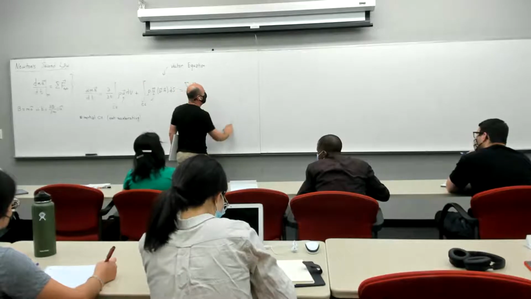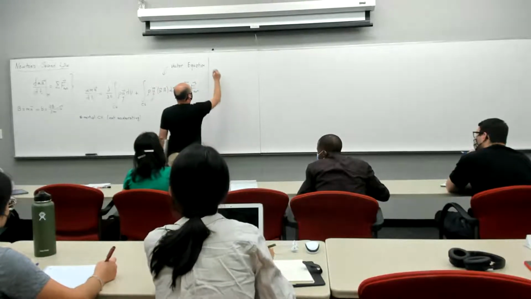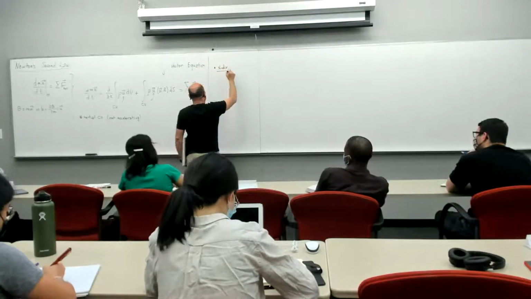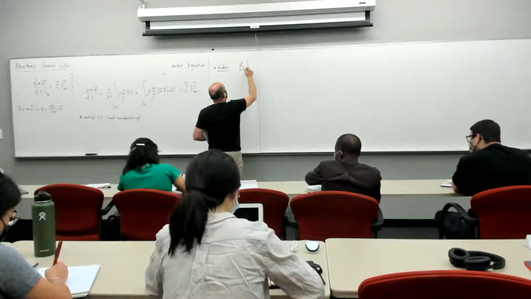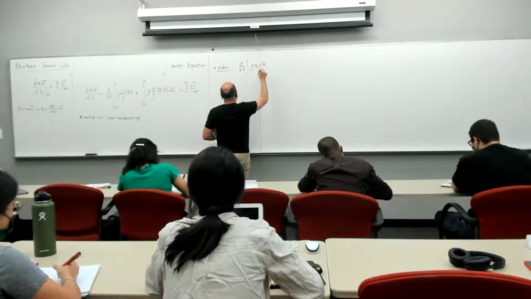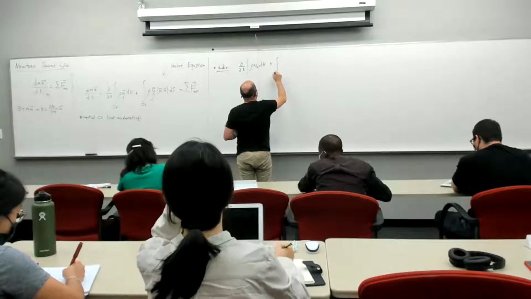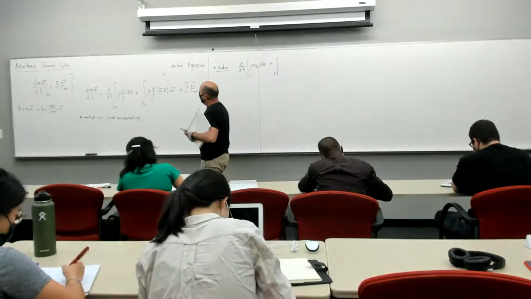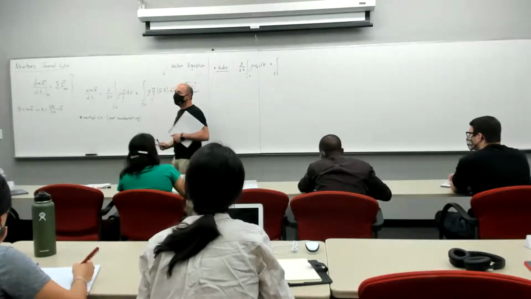So in the x direction, you will have d by dt of the integral of rho ux dV, okay, plus, pay attention here. Which one are we changing? This u or this u?